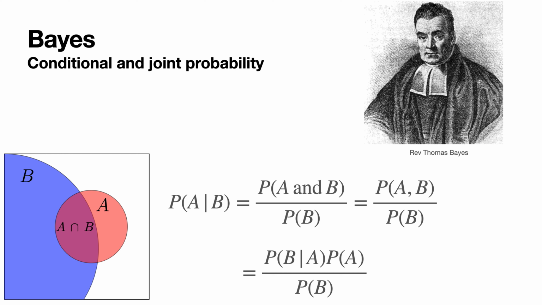Let's look back at that cancer example. So if we have a positive test, right? The probability that we get a positive test given that somebody actually has cancer, okay, that is going to be the probability of A, of a positive test, given B, that they actually have cancer.